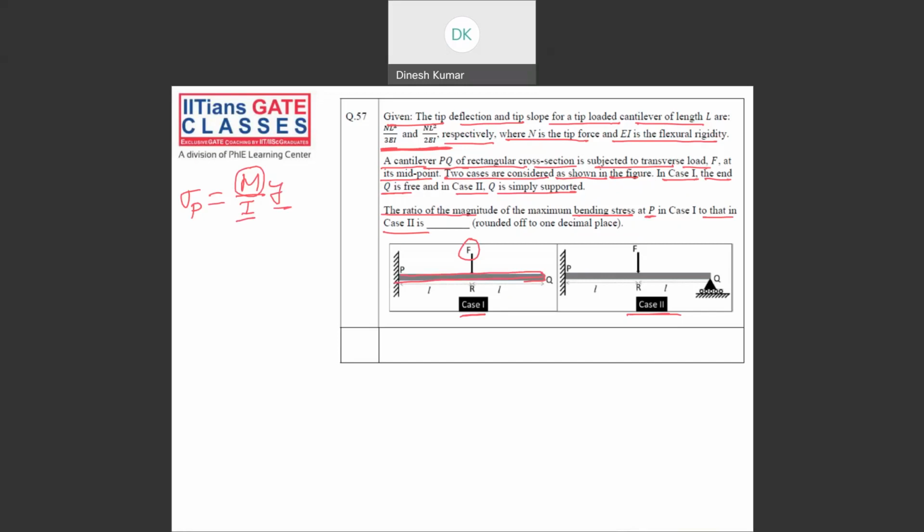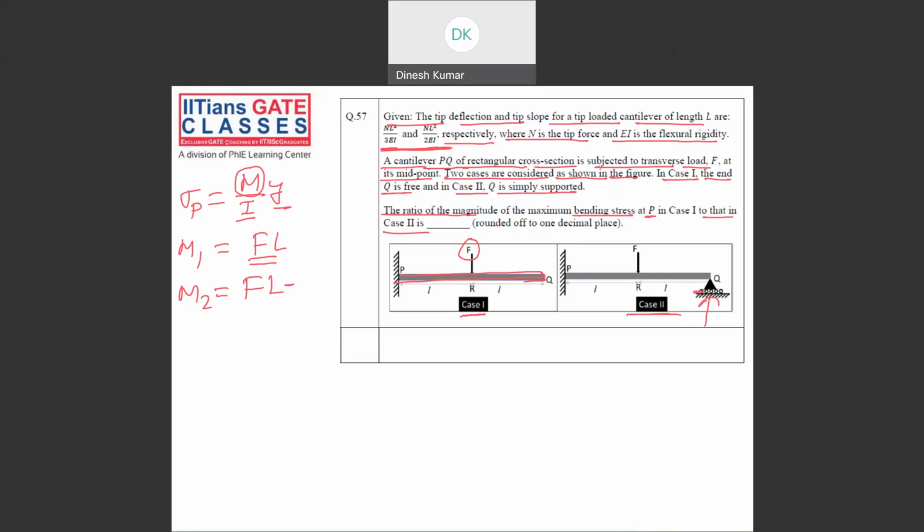So if you take case 1, your moment M1 at point P will be F into L. Now in case 2, you have to find the moment. So what will it be? FL, okay, this force is downward. But here there will be a reaction force if you remove this roller support. This reaction force is going in upward direction, so it will give an opposite moment.